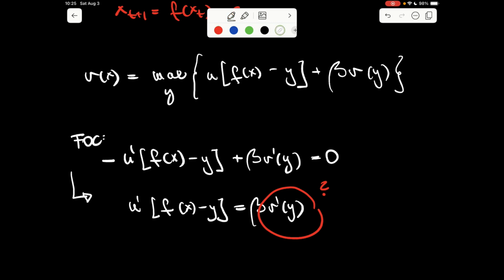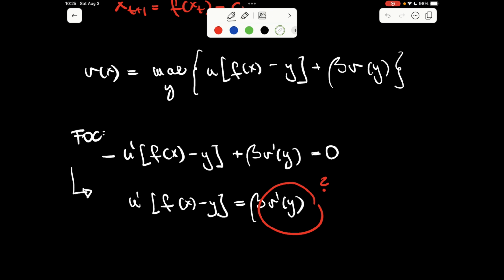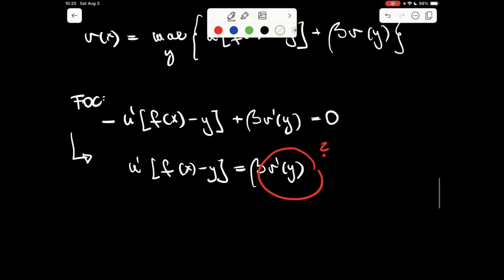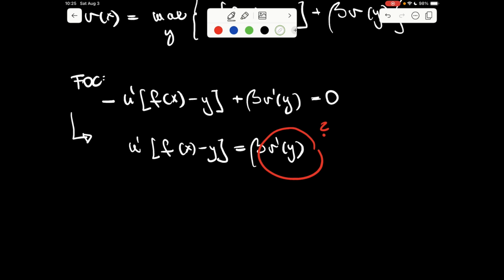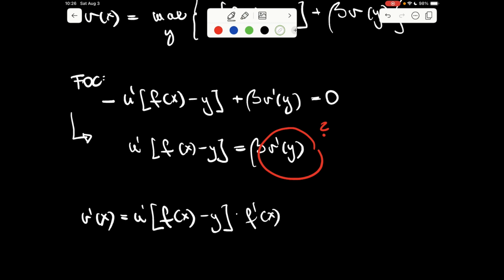So we can use the envelope condition. The envelope condition, according to which if we differentiate the value function with respect to x, is like differentiating the left-hand side with respect to x.